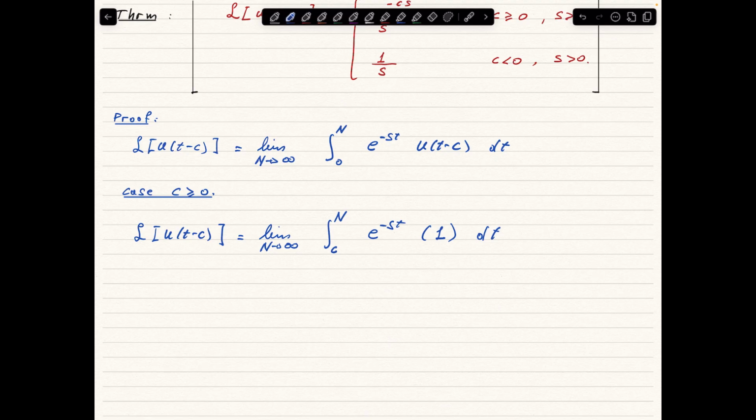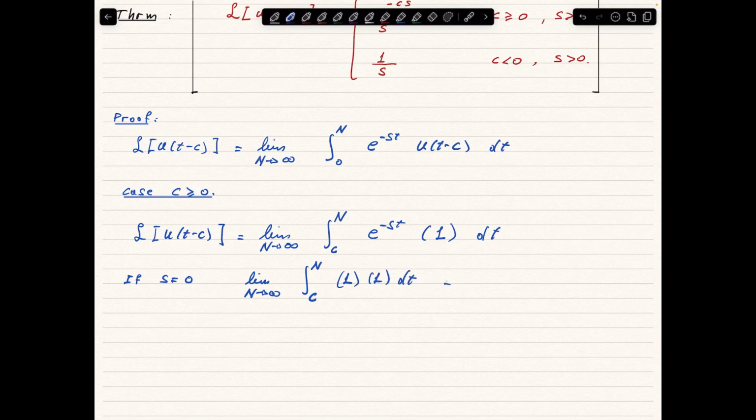Suppose s is equal to 0. What happens in that case? Well, then what we have here is the limit as n goes to infinity of the integral from c to n of 1 multiplied by 1 dt.